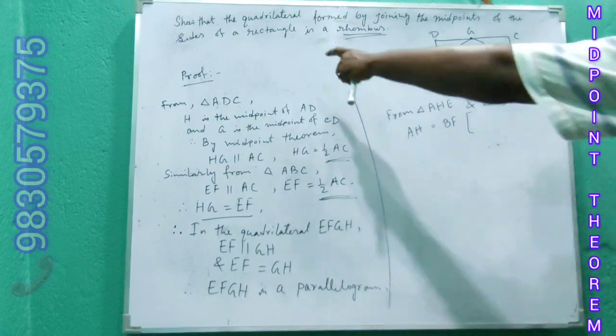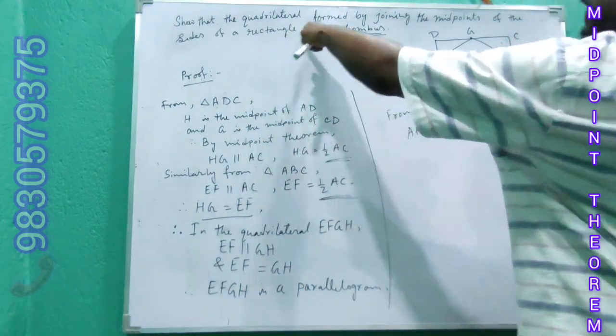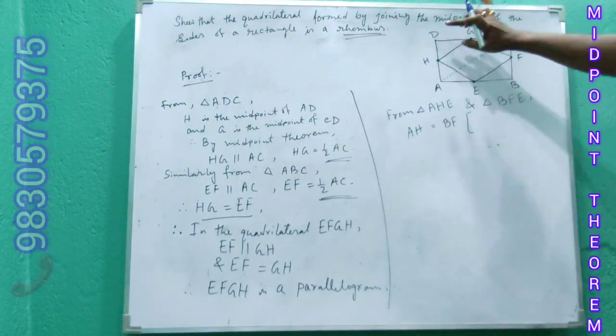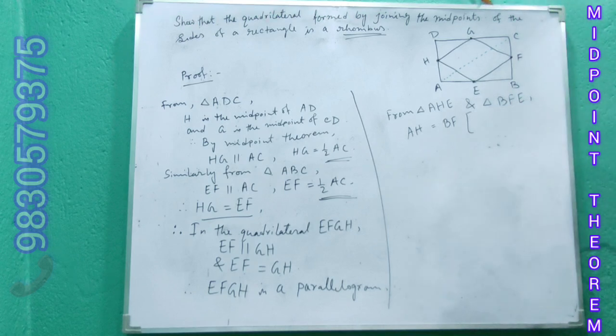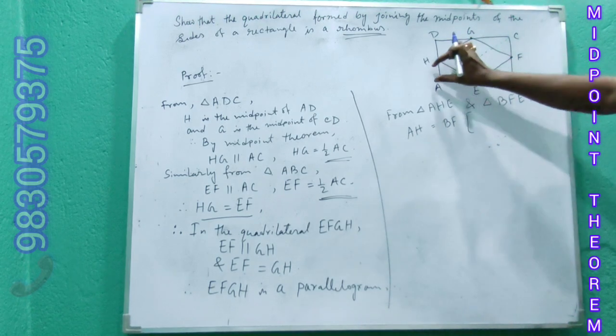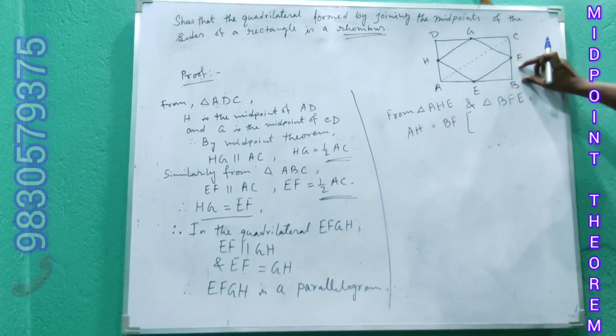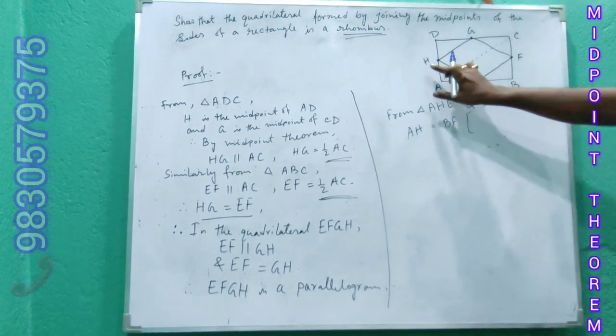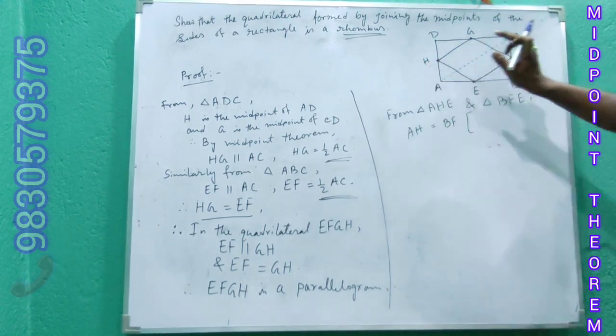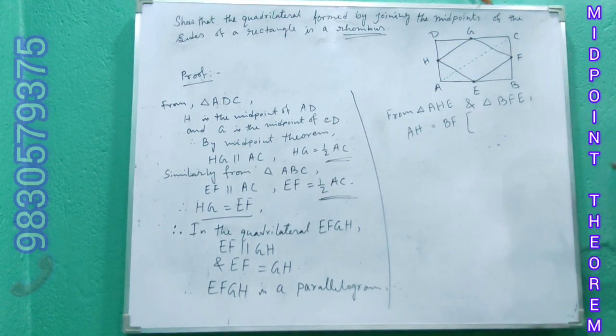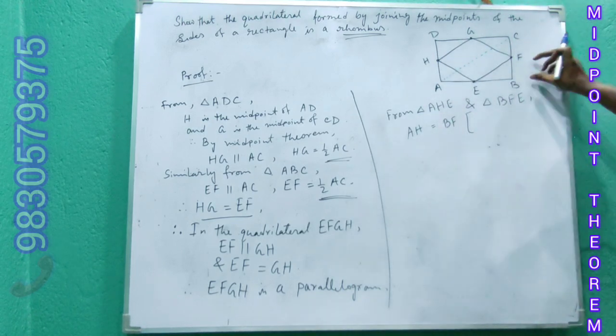It was given that it is a rectangle. AD equal to BC. Therefore, AH equal to BF, because H and F are the midpoints of AD and BC respectively. So AH equal to BF.